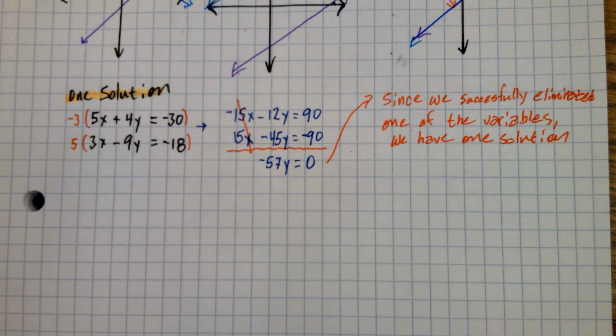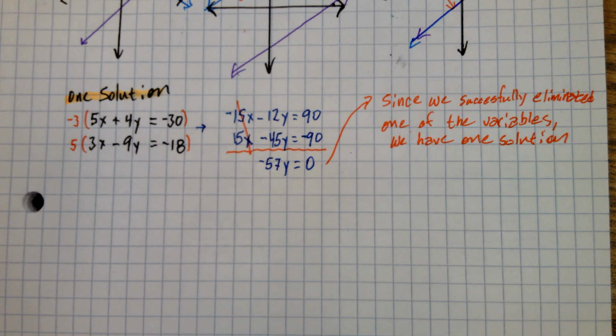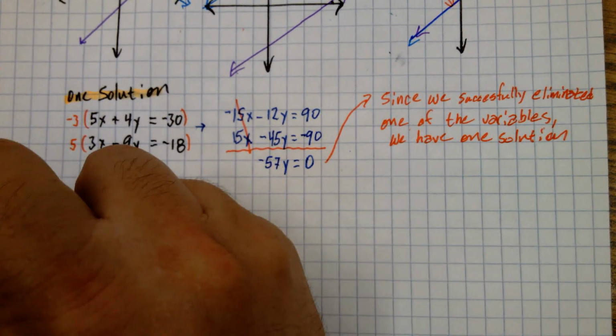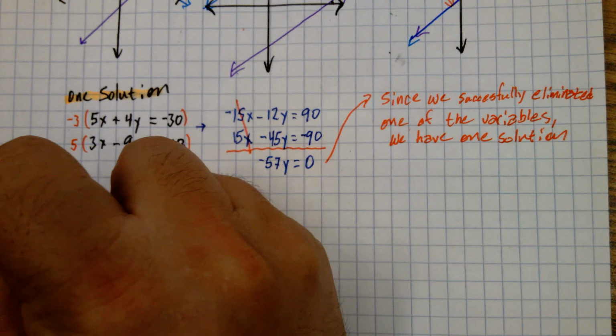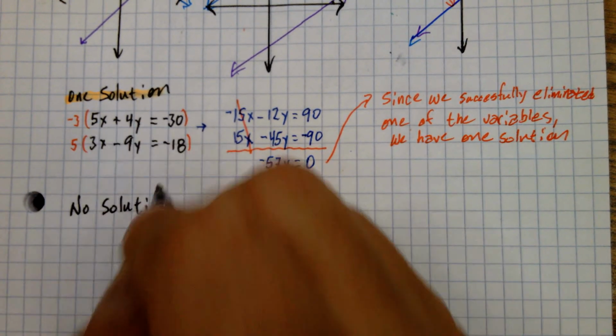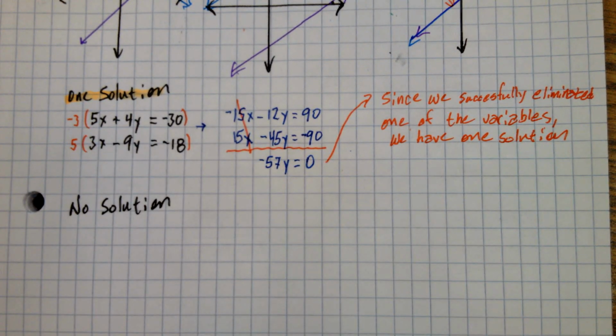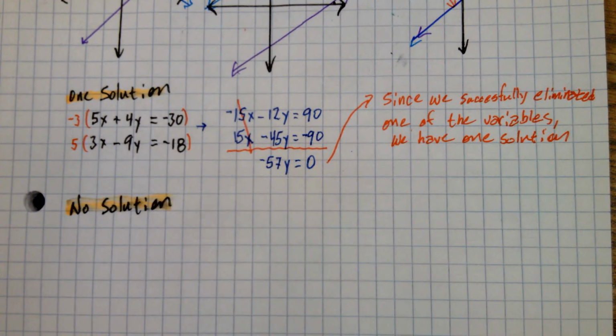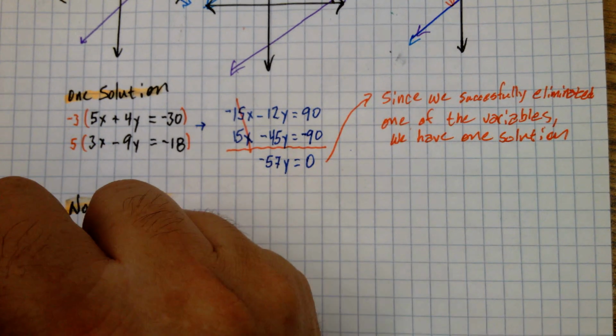Okay. Let's try to go for no solution. So this is going to be an example of how to determine you have no solution. Okay. So here's one for you.